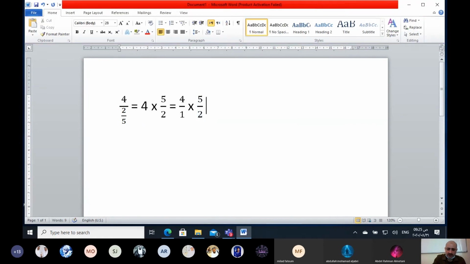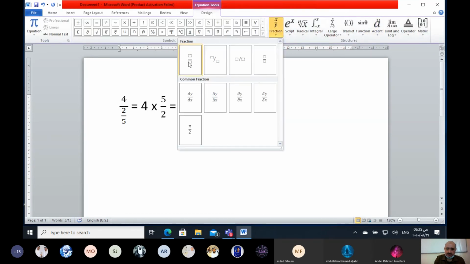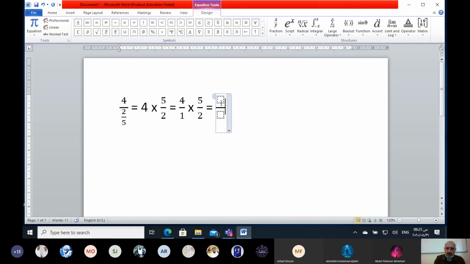Now we can multiply between the two fractions. 4 times 5 will be 20. Then 1 times 2 will be 2.